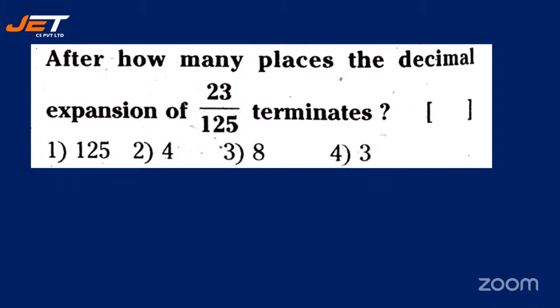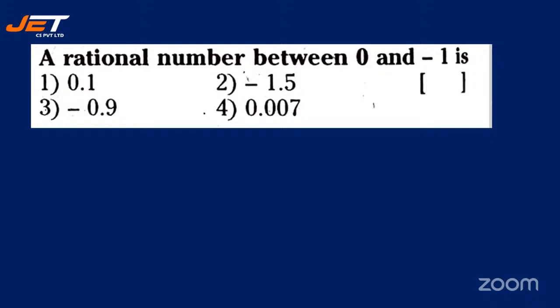Okay, I've given you enough time. 3. All right. Rational number between... this is pretty simple, students. Rational number between 0 and -1 is asked.